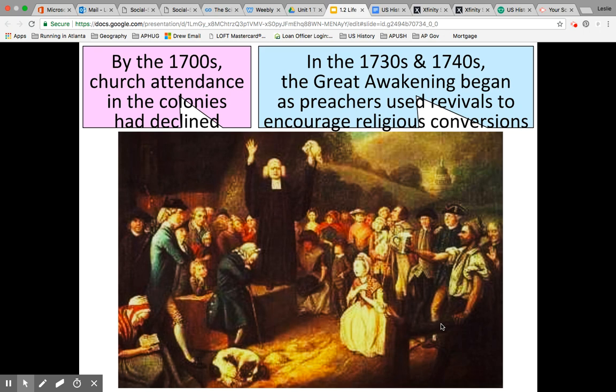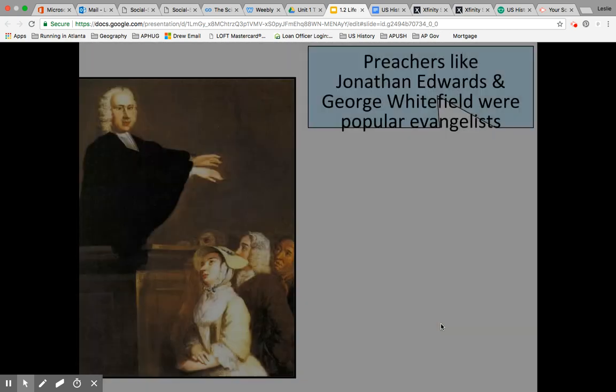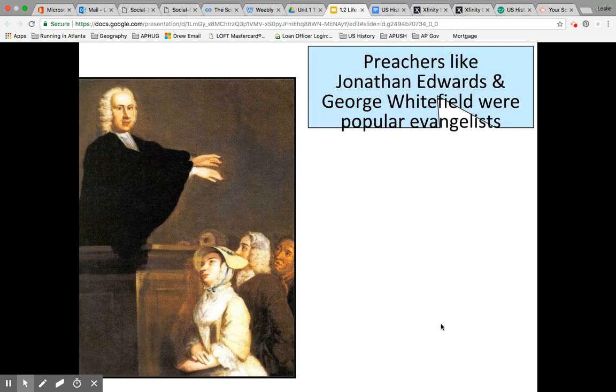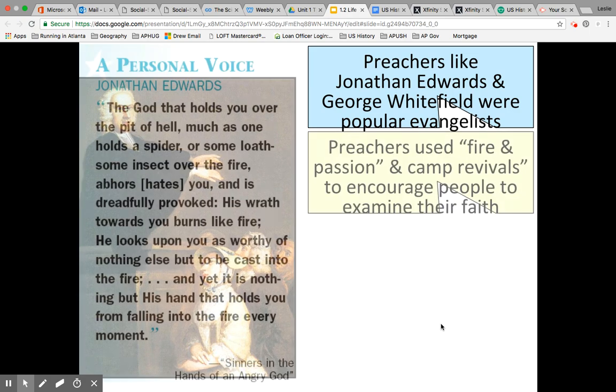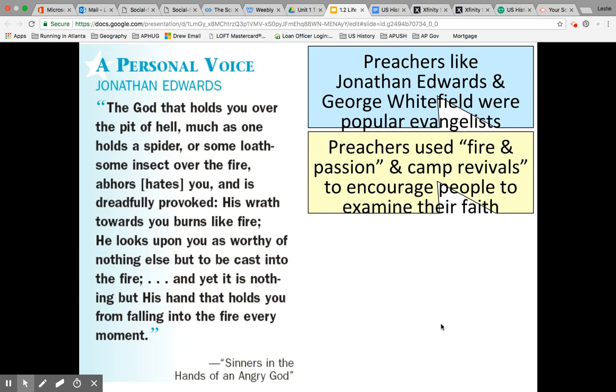And the Great Awakening is going to lead people to question the things that they had been taught in church. It's going to encourage more people to go to church, and it's also going to encourage people to question authority. Preachers like Jonathan Edwards and George Whitefield were very popular evangelists. They used fire and passion and camp revivals to encourage people to examine and reinvest in their faith.